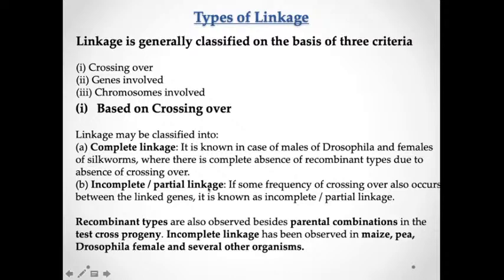In incomplete or partial linkage, some frequency of crossing over also occurs between the linked genes. Recombinant types are also observed besides parental combinations in the test cross progeny. Incomplete linkage has been observed in maize, pea, Drosophila female, and several other organisms.